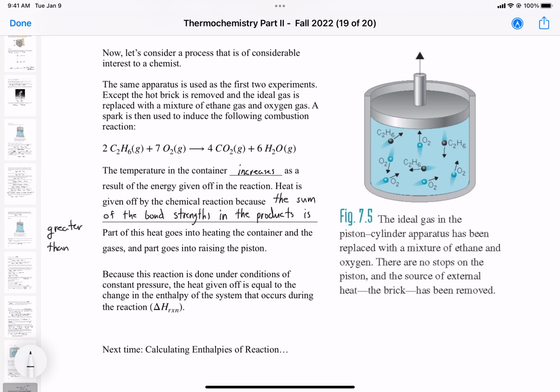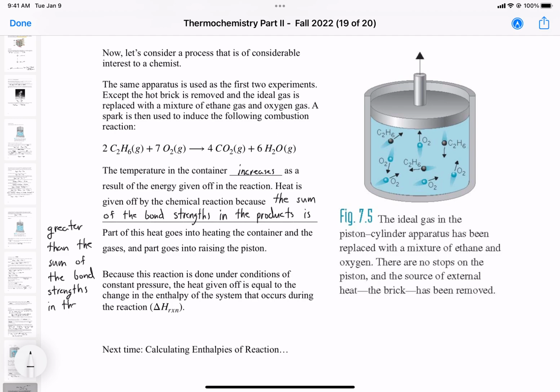Is greater than the sum of the bond strengths in the reactants.